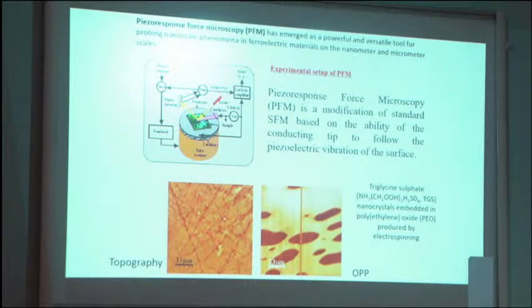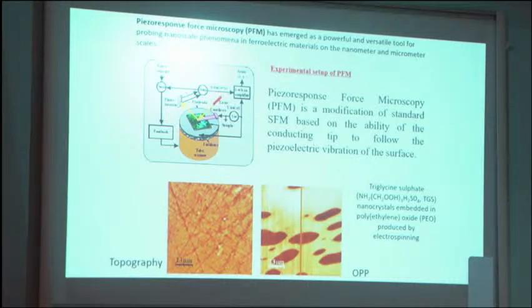To separate topography and piezo response, we use not a DC but an AC voltage, and this piezo response absolutely correlates with the frequency we apply, and with a simple electrical scheme it is possible to separate topography and real piezo response.